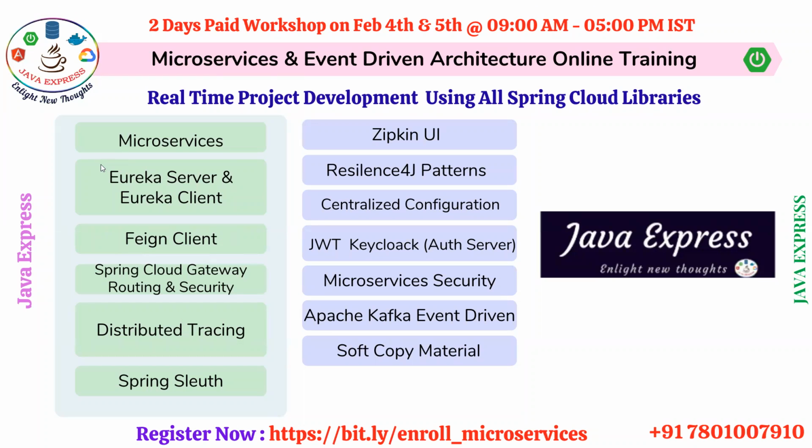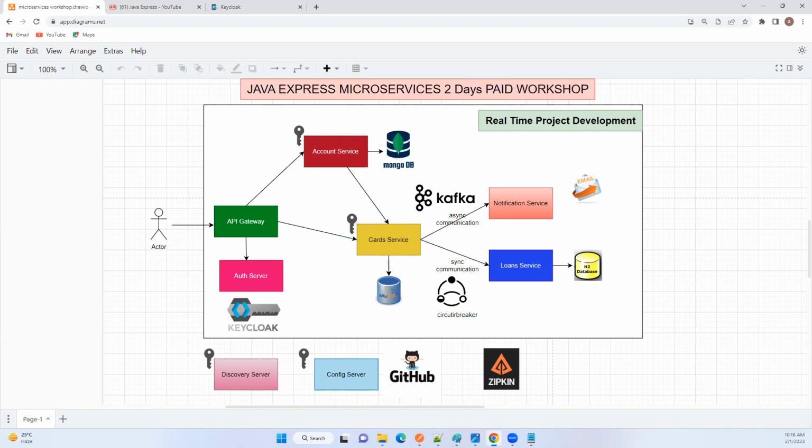All our microservices need to register with the Eureka server and Eureka client, by using this discovery server. And asynchronous communication is kind of an event driven microservice. One microservice will act as a producer, another microservice will act as a consumer here. So whenever a customer creates a credit card, that customer information I want to send via asynchronous communication to my notification service here.